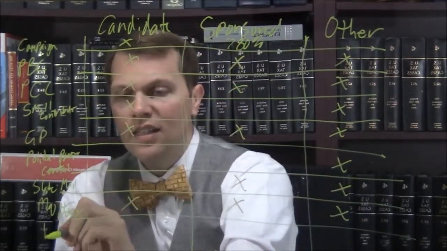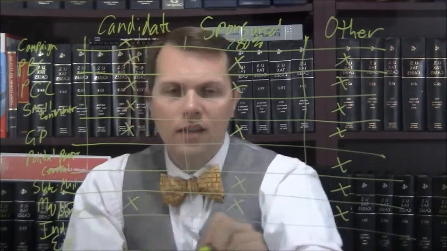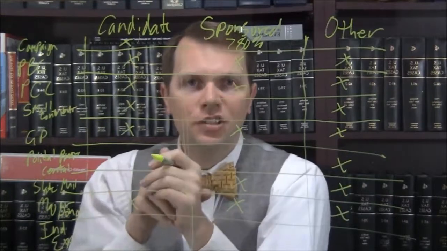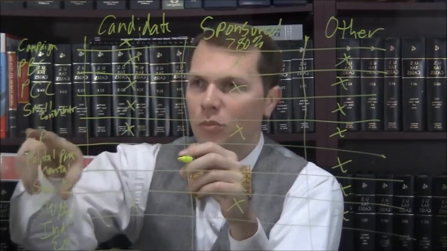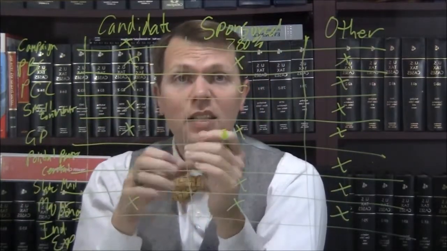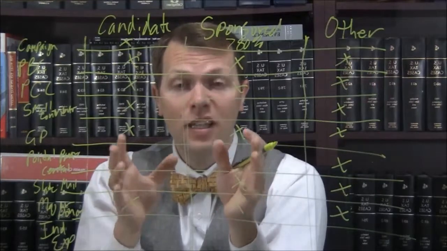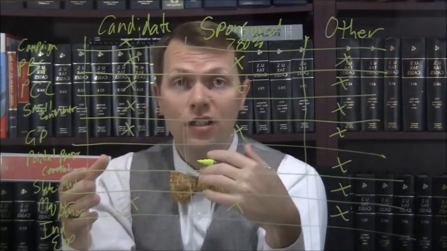Lastly, we have independent expenditure committees. Now, all that independent expenditure committees do is they're just like a general purpose or a primary committee, except that they don't directly donate to any candidates. In fact, they can't even spend their money in coordination with the candidate.